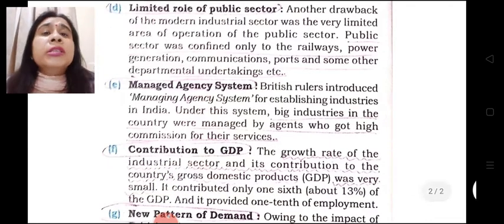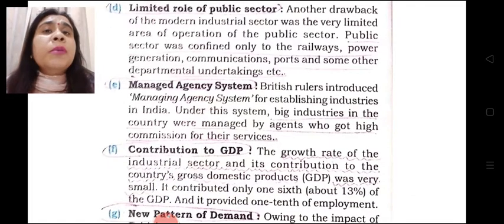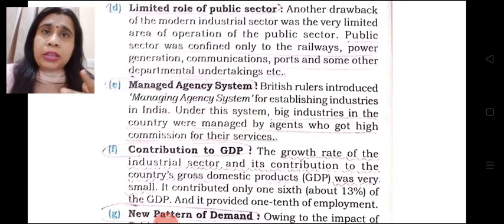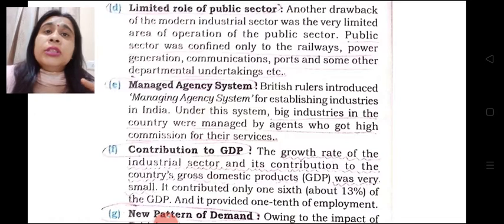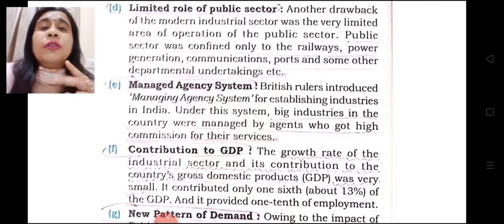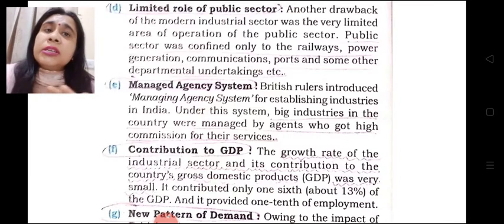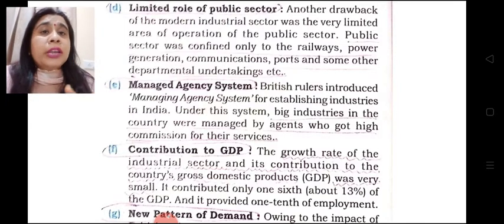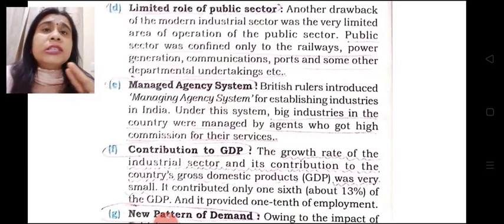Another point is that the Britishers developed a managing agency system. Few big industries were in the hands of the private sector, as you are already aware. The public sector was not at all supportive. Now what did these Britishers do? They introduced a managing agency system.